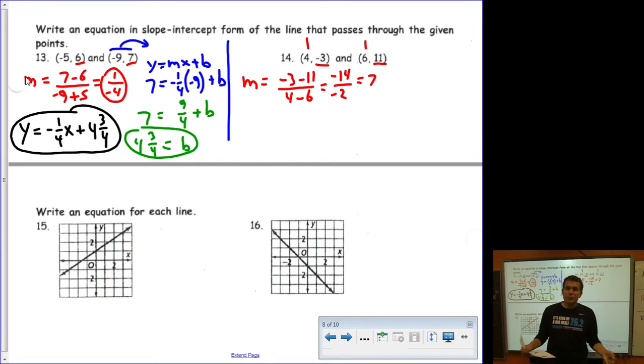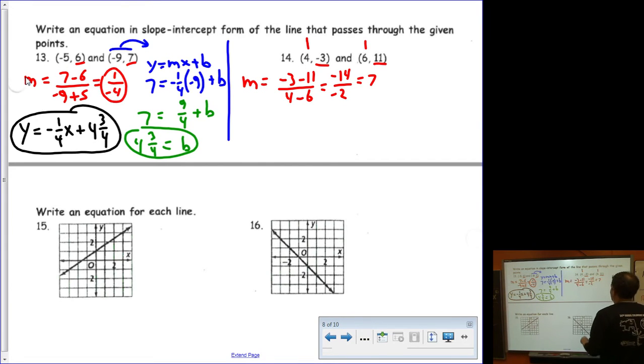Then I need to find the y-intercept. So again, I would use y equals mx plus b, and I would substitute some numbers in. I'm going to substitute this point in.